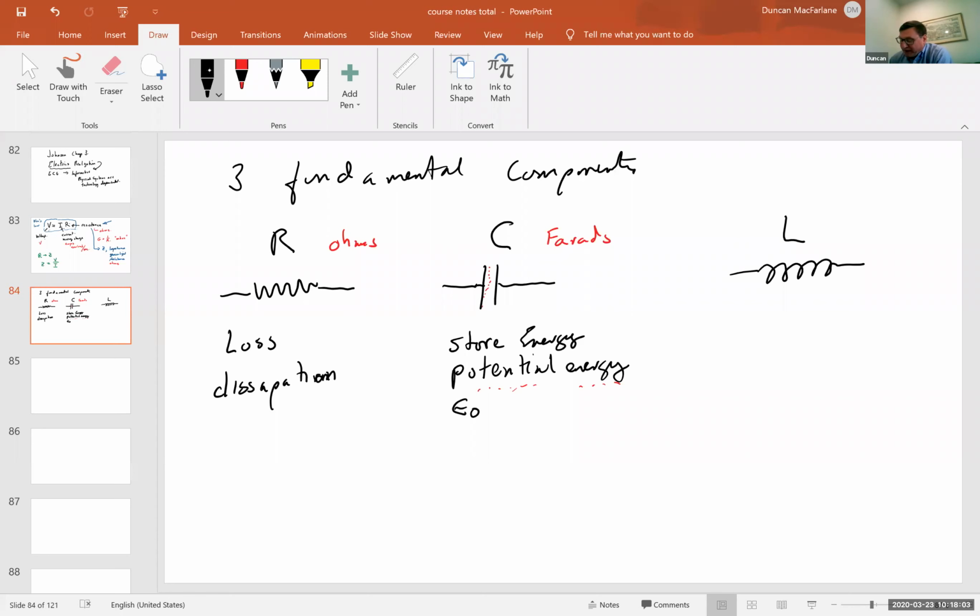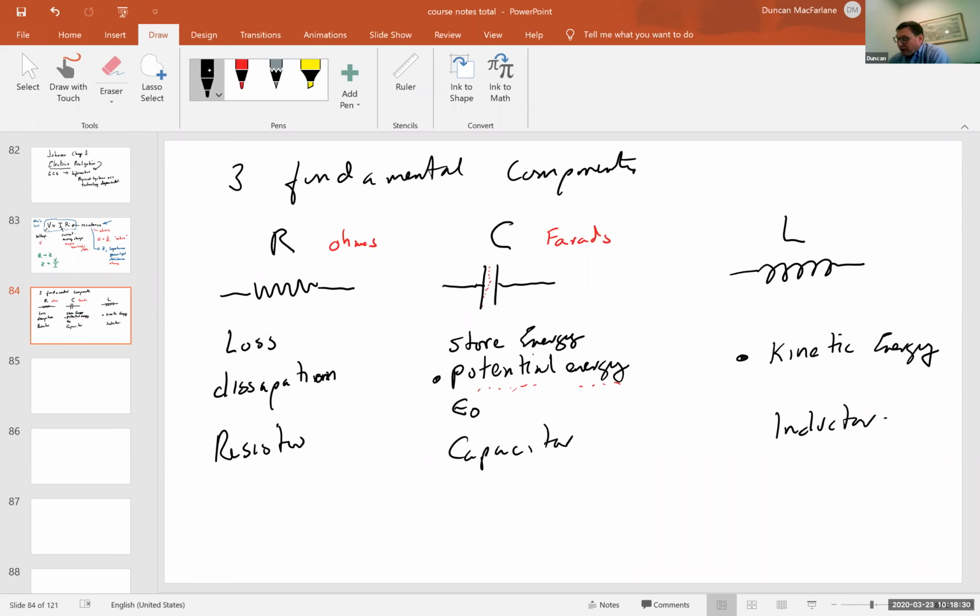This L is called an inductor. If the capacitor talks about potential energy, then this will talk about kinetic energy.